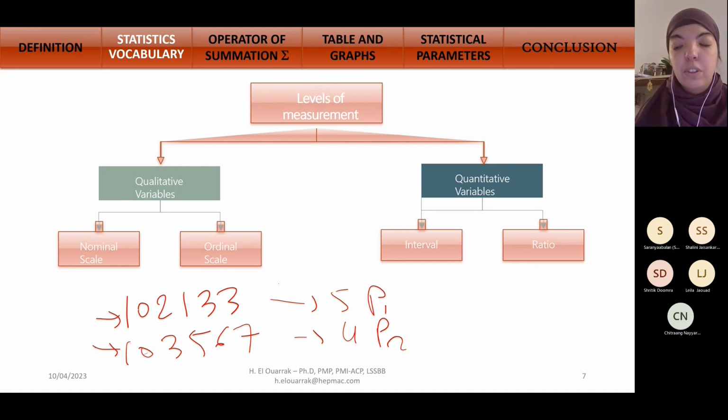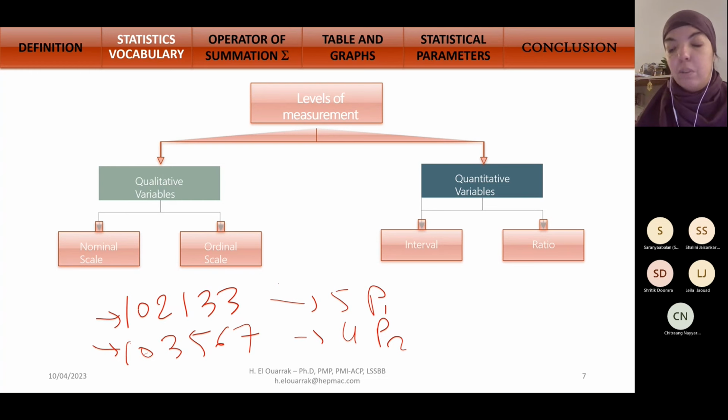When we talk about intervals, we're talking about a set of variables that have a certain range, but where the zero doesn't make any sense. Like if we take temperature, for instance. Temperature 0 doesn't mean that there's no temperature.